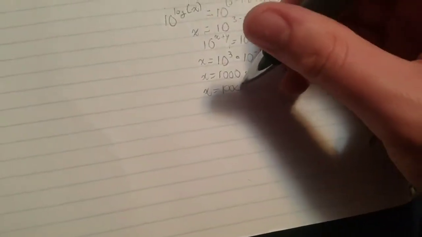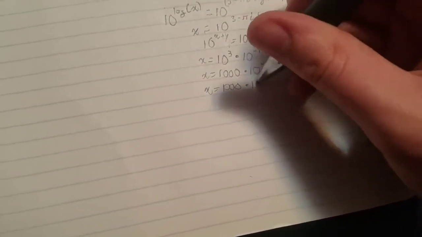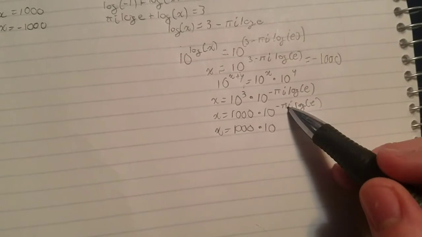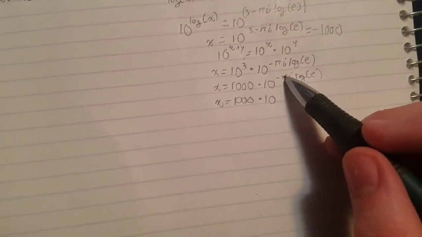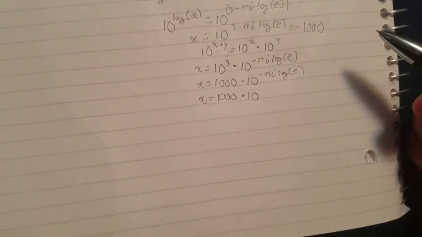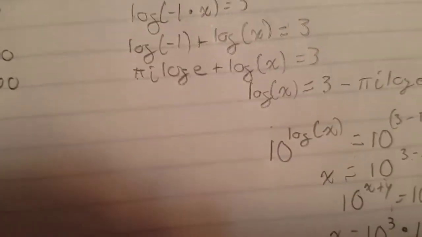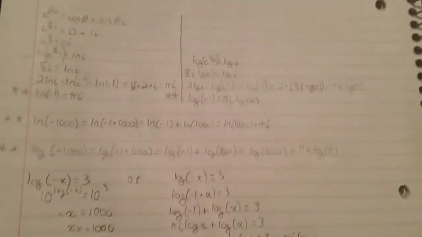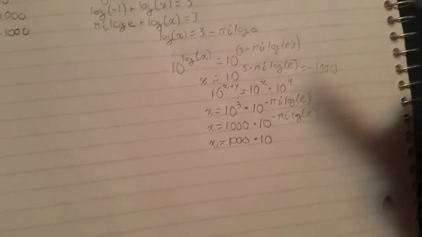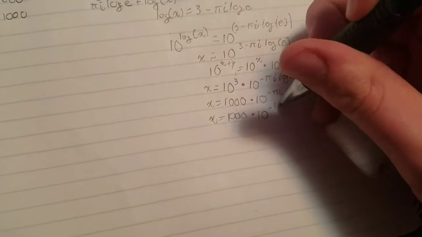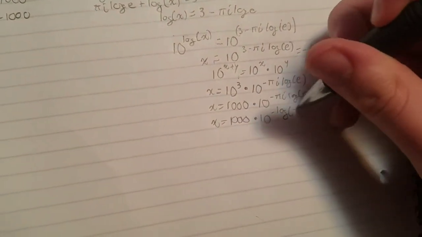So x equals 1,000 times 10 to the... Now what is this? You should be able to identify that pi I log e is what? It's the log of negative 1. So this is negative log of negative 1.